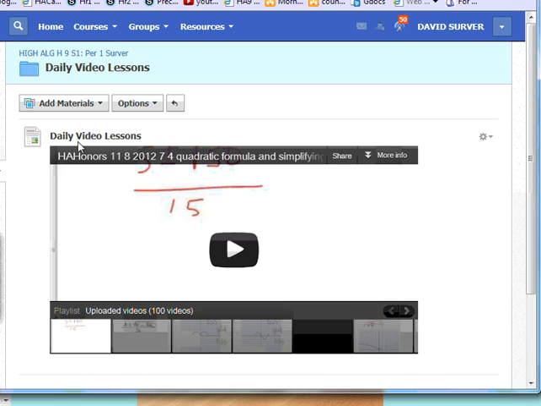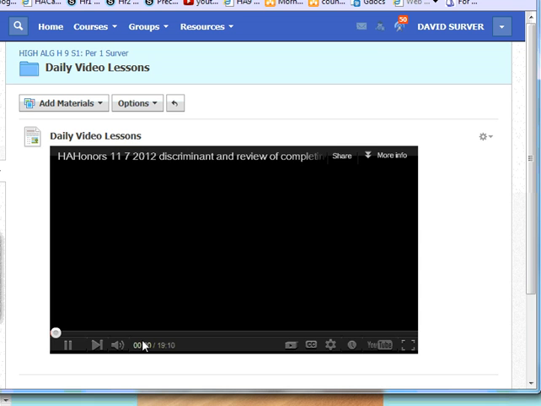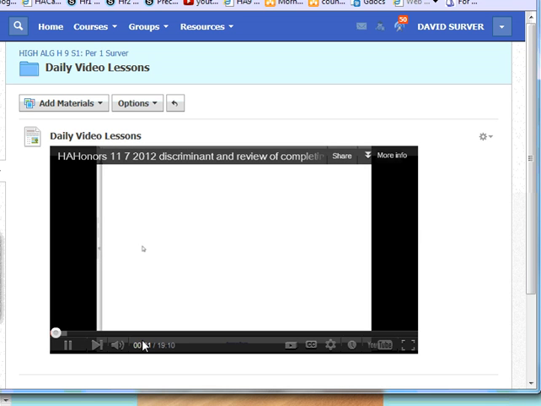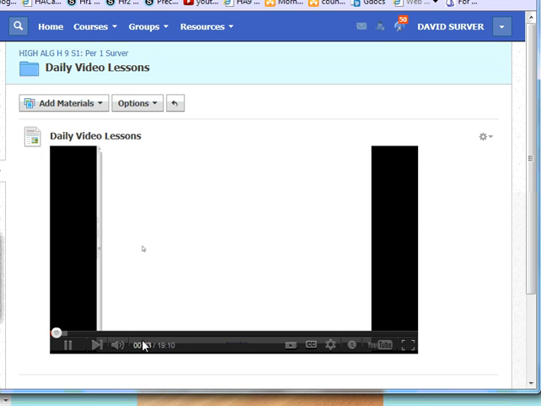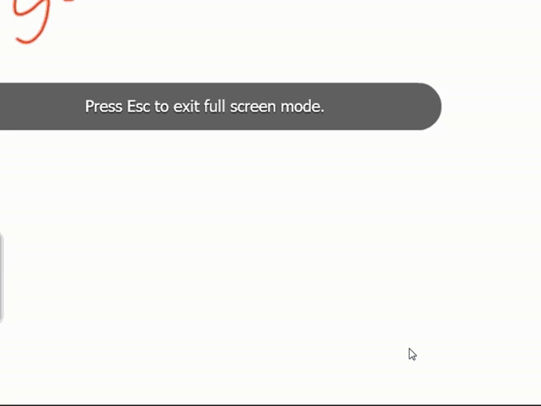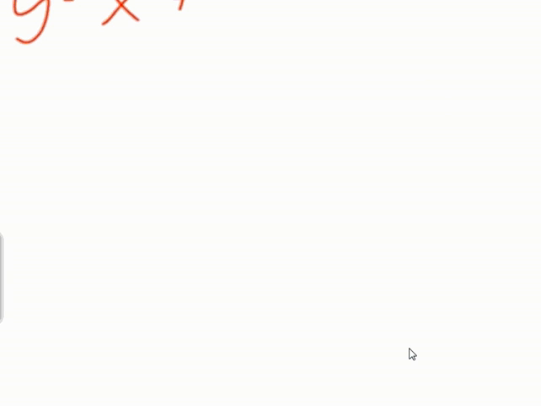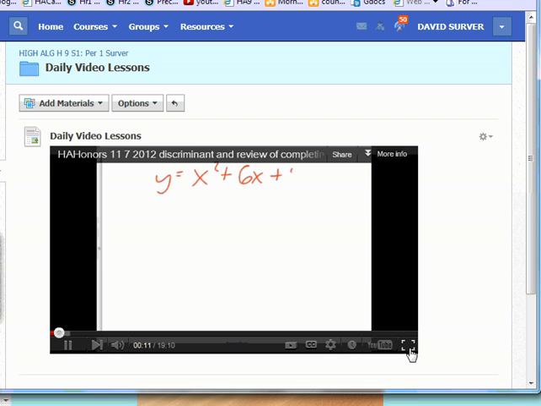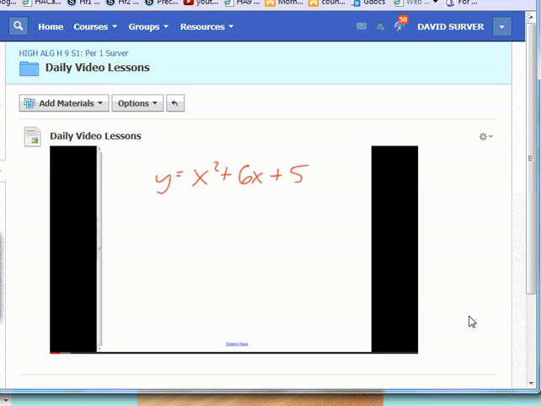All right, so if you just hover over, I can't hover with my, you won't be able to see it at home, but I'm going to just touch that one, and it tells me, oh, that's discriminant and review or whatever. All right, so there's full screen mode. The red square is because of my recording.